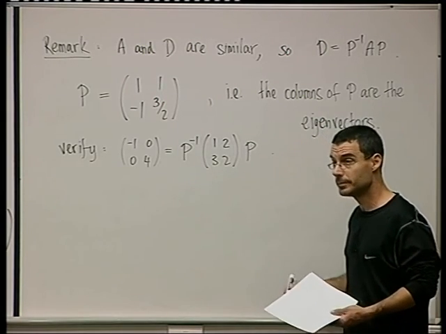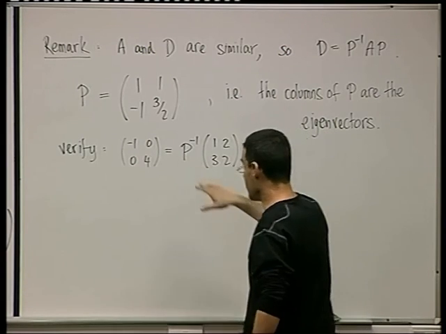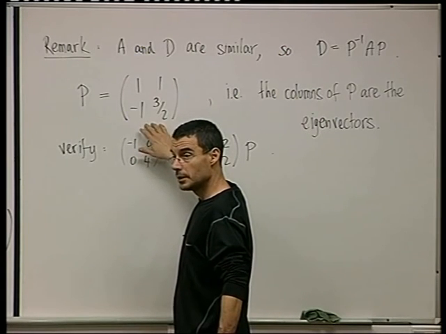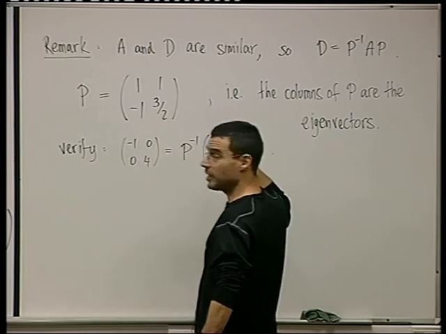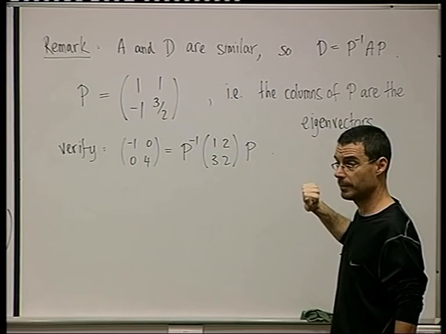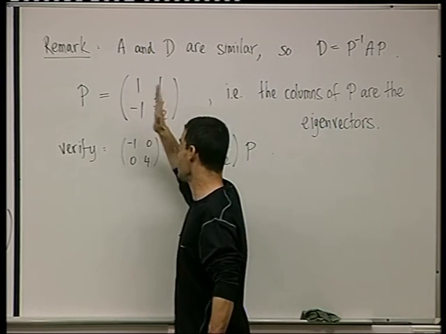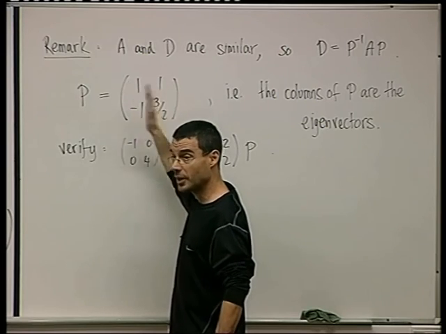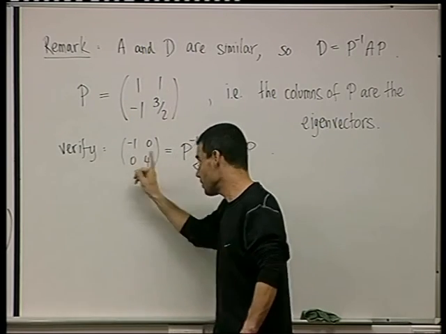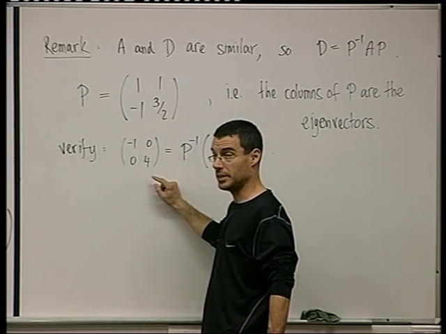Question? We're good. How did you position that P? How do I know that this is true? The P, that's the P. I didn't say it. I just said this is a remark. We're going to prove it. Okay? So what's important is to position the eigenvectors as columns in the same order that you position the corresponding eigenvalues across the diagonal.